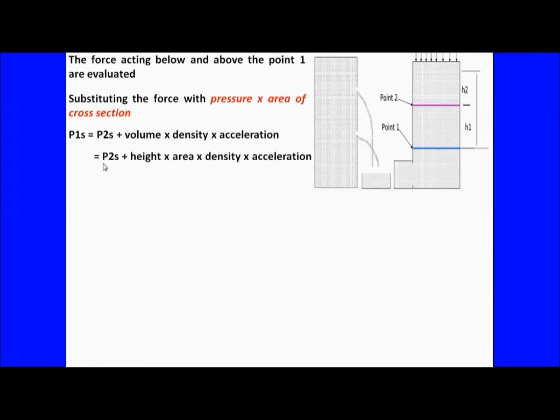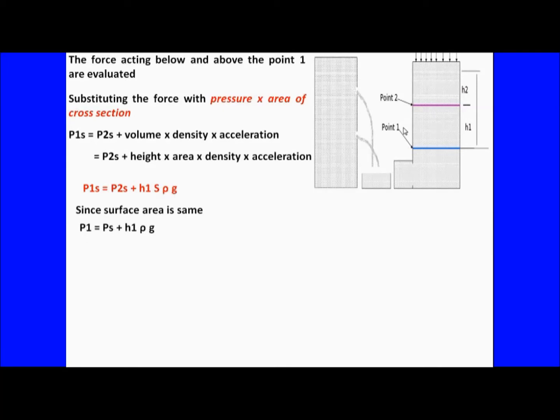This can be further derived as P2S plus height into area into density into acceleration, since volume is replaced with height into area. Thus P1S is equal to P2S plus h S ρ g, where S is the surface area, ρ is the density, and g is the acceleration due to gravity. Since the surface area is the same, we will consider it in a simple way, that P1 is equal to PS.